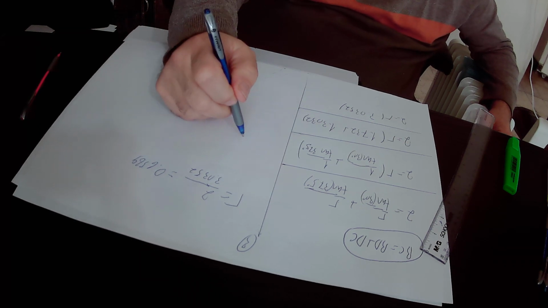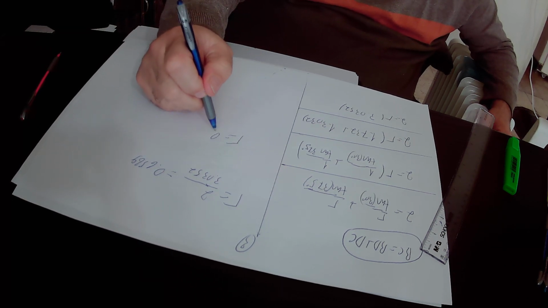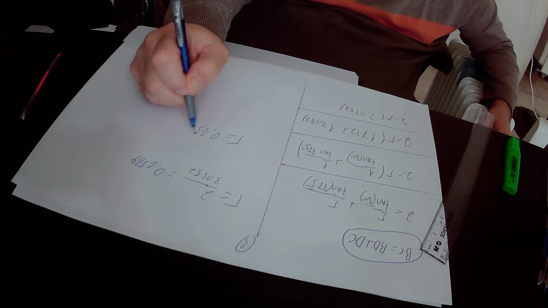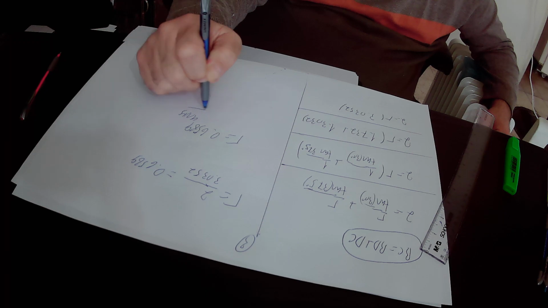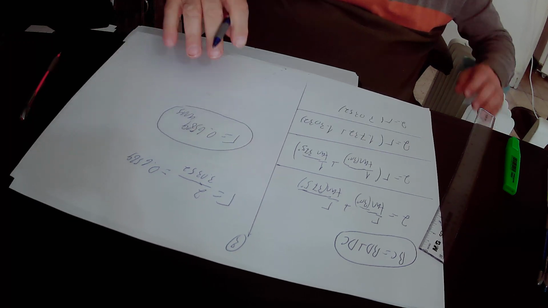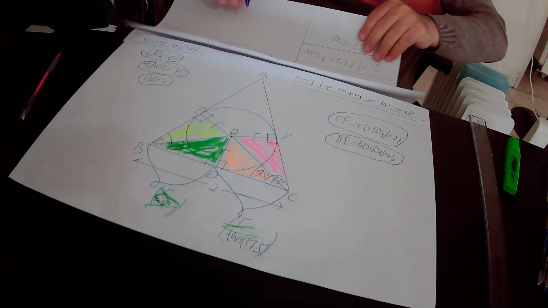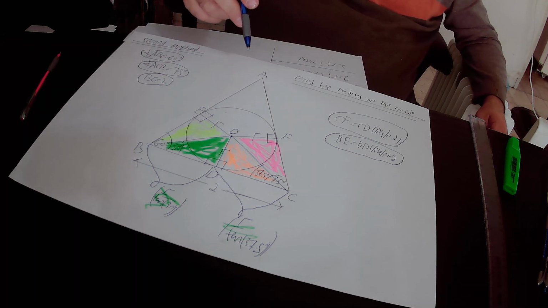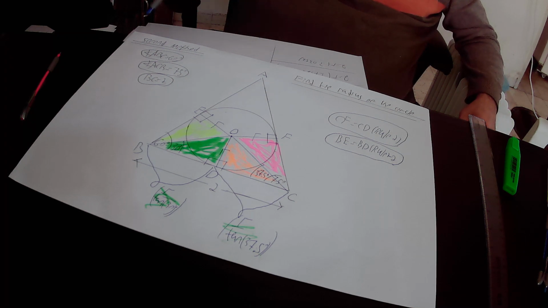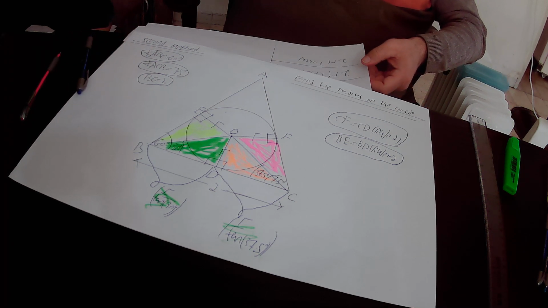In conclusion, R equals 0.6589 units. In both methods, we found that the radius R of this circle equals 0.6589 units. In the next step, I'm summarizing the lecture.